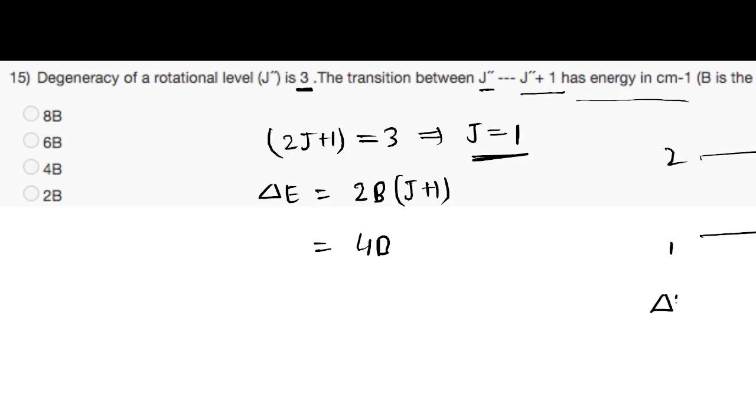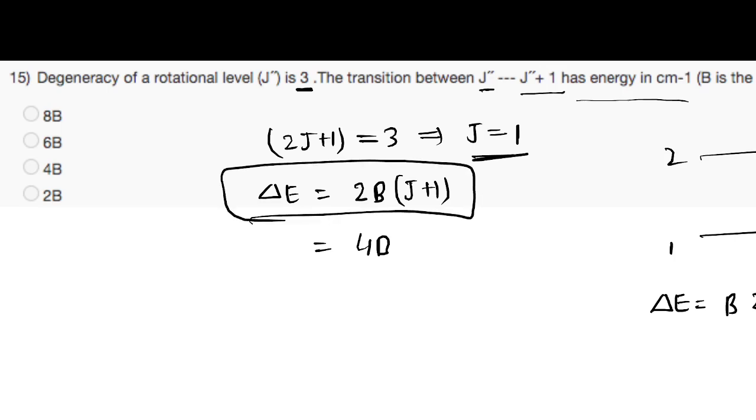So we can calculate delta E. The energy for this one is B times 2 times (2 plus 1), because the energy can be given by this expression, minus B times 1 times (1 plus 1). So 6B minus 2B equal to 4B. So by given this degeneracy, we can calculate the energy difference. So it will be 4B.